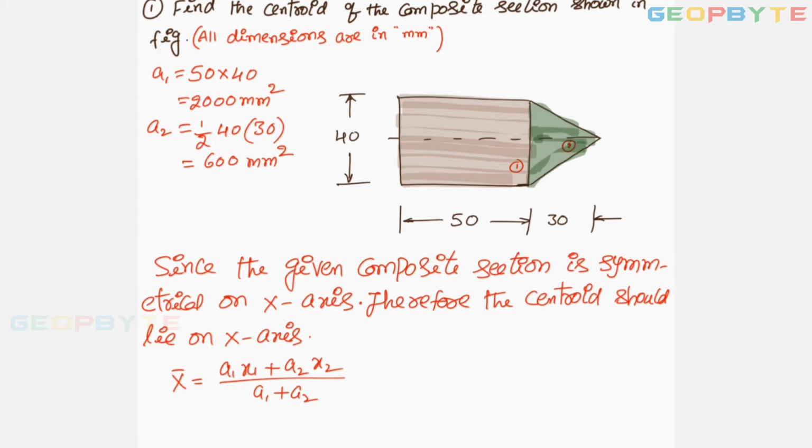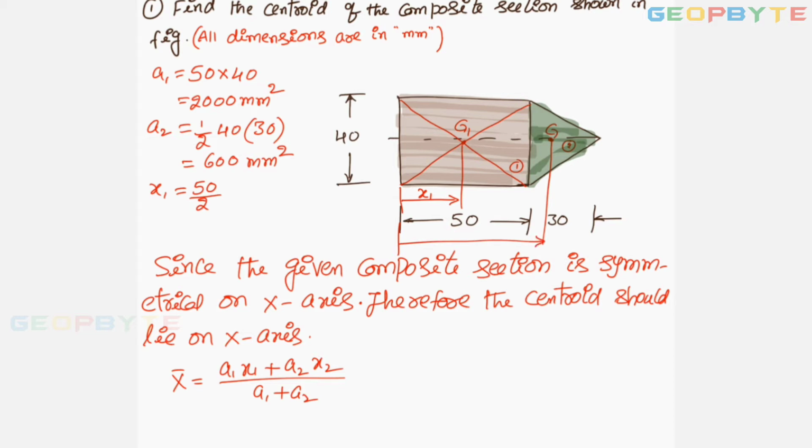Now let us join the diagonals for section 1. Wherever these two diagonals are meeting, that is the centroid for section 1. Then I can say this is the x1. That x1 equal to 50 by 2. Similarly, this may be the centroid for section 2.